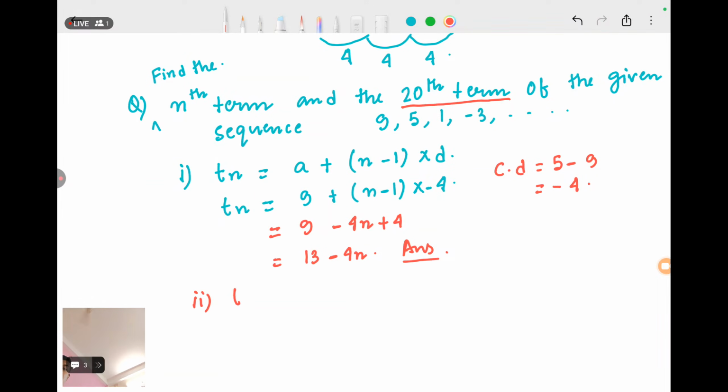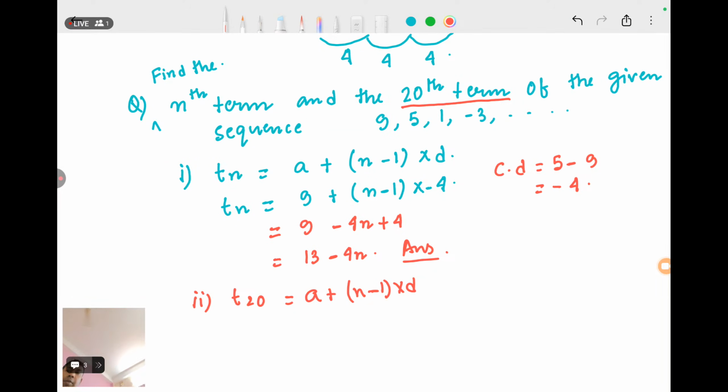Now T20 is equal to a plus n minus 1 into d.